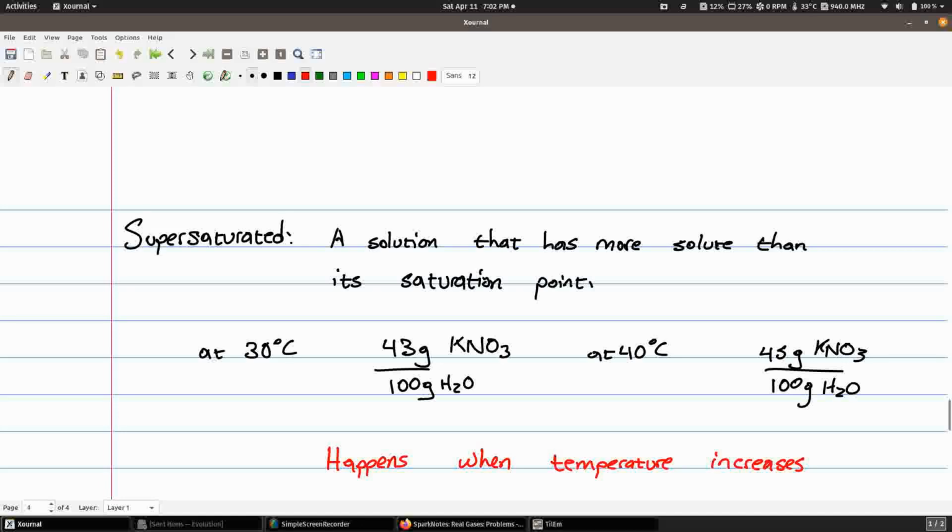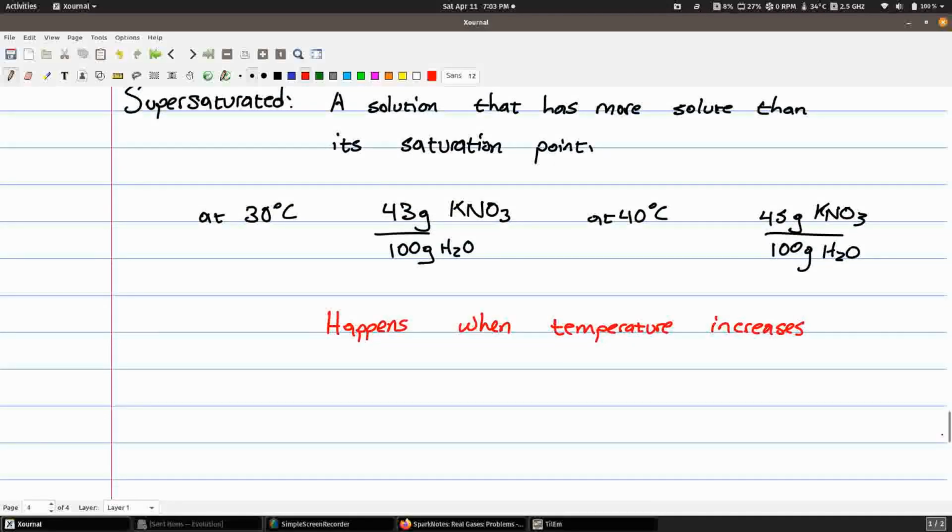So interestingly, with a supersaturated solution, you can have the temperature decrease back to 30 degrees Celsius and still have 45 grams dissolved. But as soon as you agitate the water or whatever it's dissolved in, it's going to come out of solution, that little bit, and go to the original saturation point. So you have some powder come out. But if you just leave it alone, it'll actually stay in.